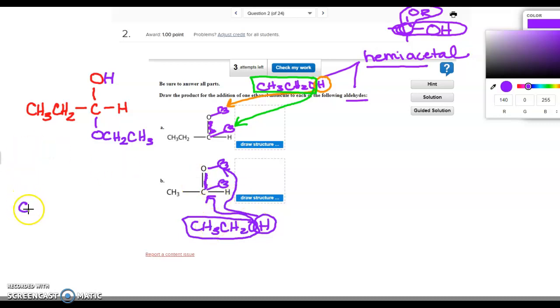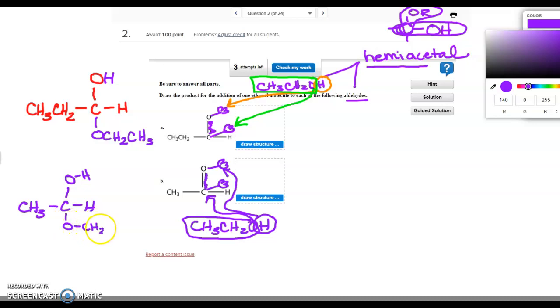And so when I go to redraw my structure here, CH3, carbon, oxygen, hydrogen. I like to make sure I get the original structure, though I do need to remember that this is now going to be a single bond, not a double bond. That's what makes room for my hydrogen up here that it grabbed. And that's what makes room down here for the alkoxy group that it grabbed.